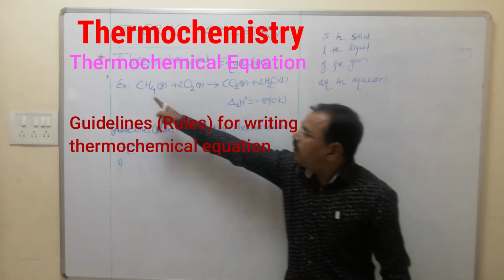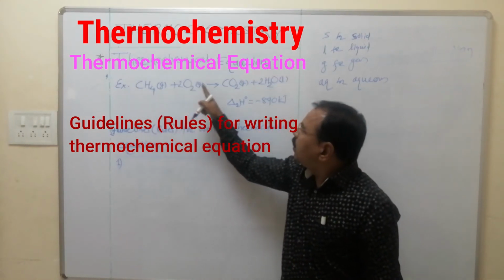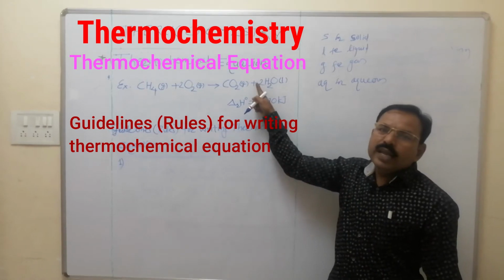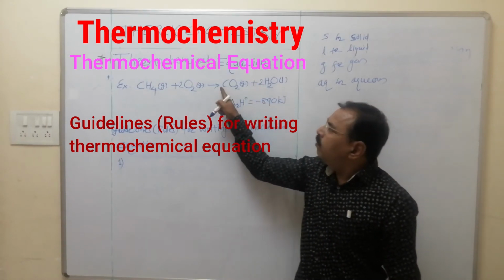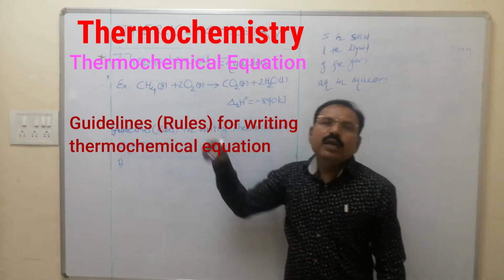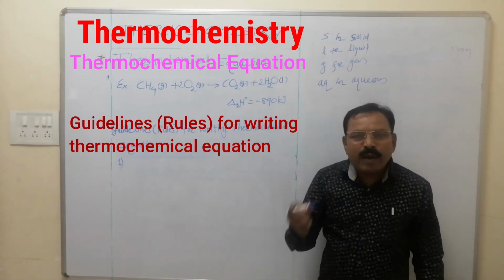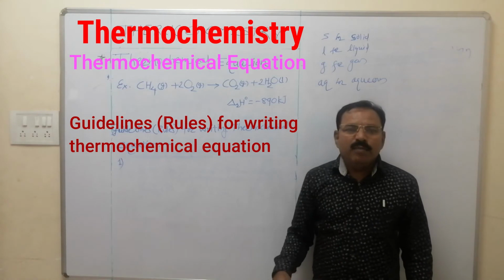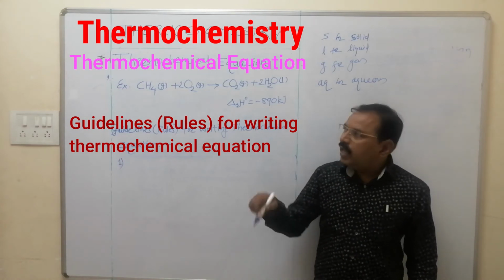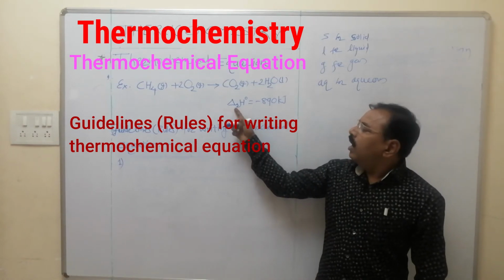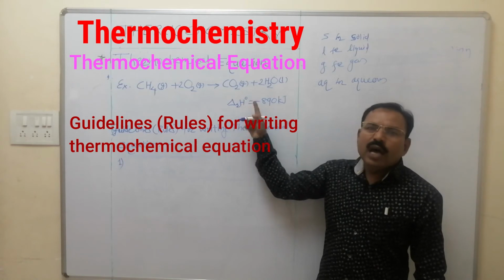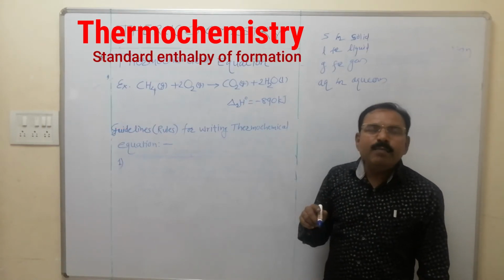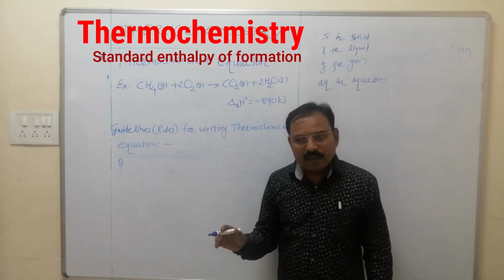The coefficients of reactants and products indicate number of moles. If they are multiplied or divided by a numerical factor, then delta r H 0 is also multiplied or divided by the same factor.